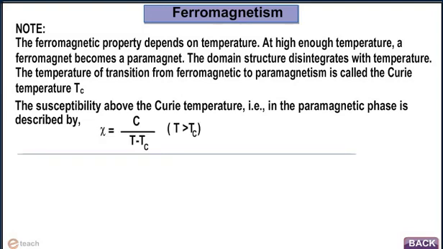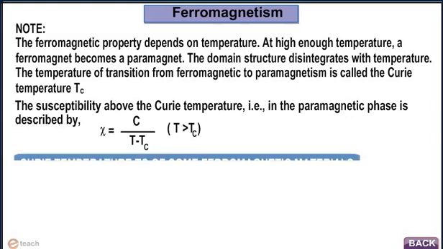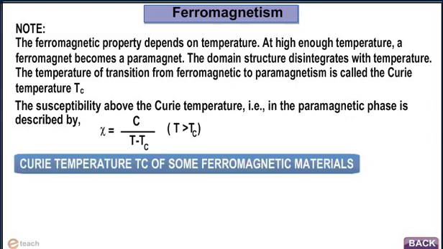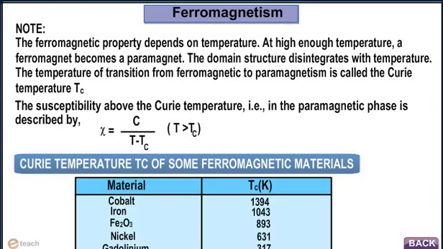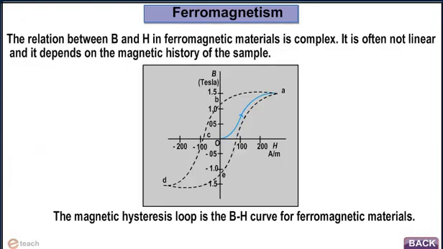The susceptibility above the Curie temperature, that is in the paramagnetic phase, is described by C divided by T minus Tc, where T is greater than Tc. Now the Curie temperatures of some ferromagnetic materials are as shown in the table.